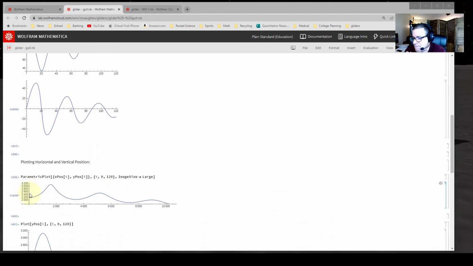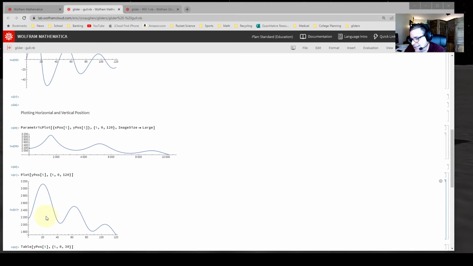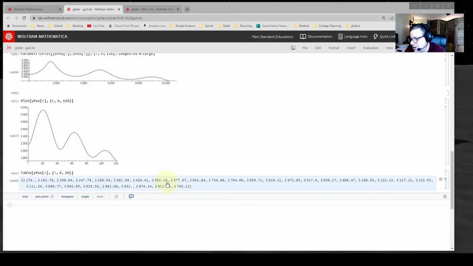This is a plot of the x position and y position solutions over time, and we can look at how closely this matches what actually happens in the game. This is actually a plot of the y position, just looking at the height over time.